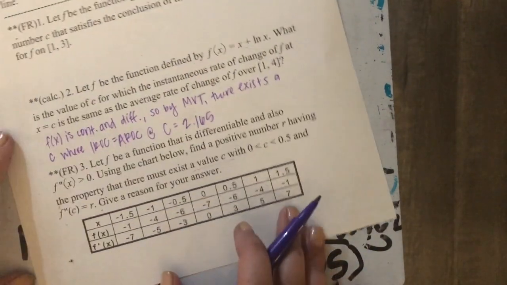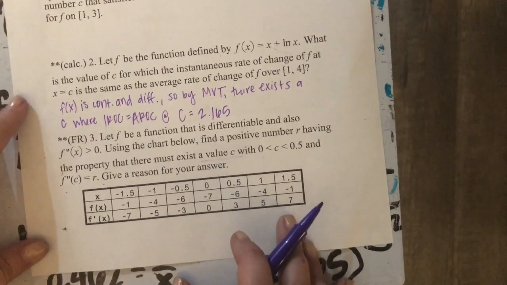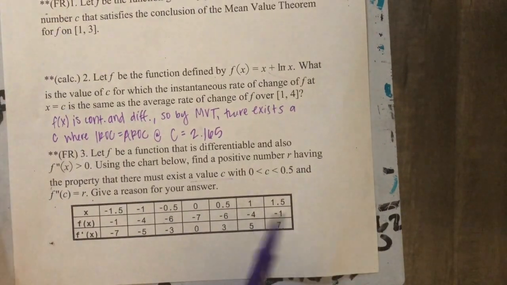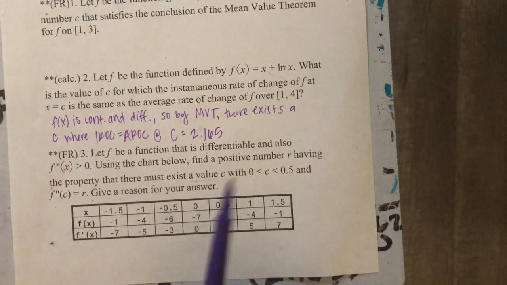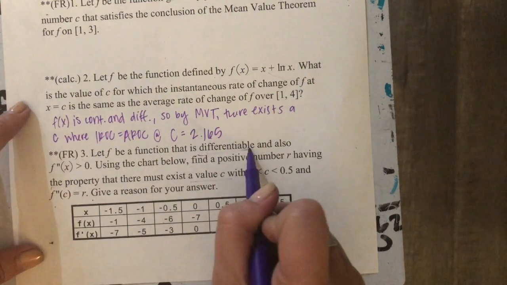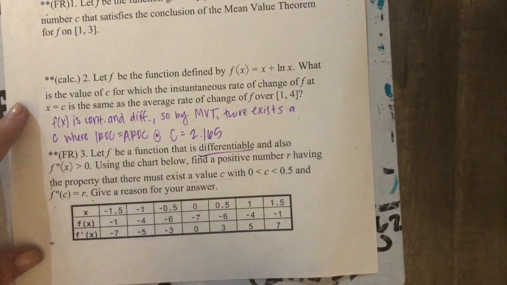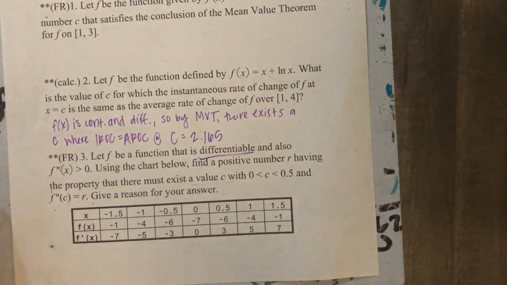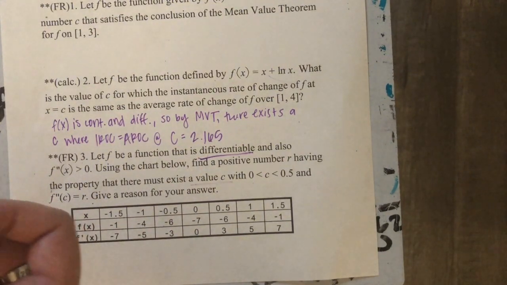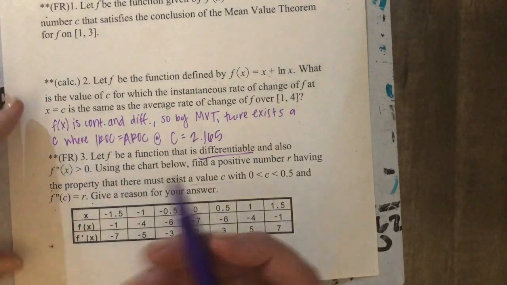Okay, so first for MVT, we have to check that this is continuous and differentiable before I can use the MVT. It clearly states here that f is differentiable, okay? But it doesn't say it's continuous. We know, though, that if something is differentiable, it has to be continuous, right? If it's not continuous, it's immediately not differentiable.